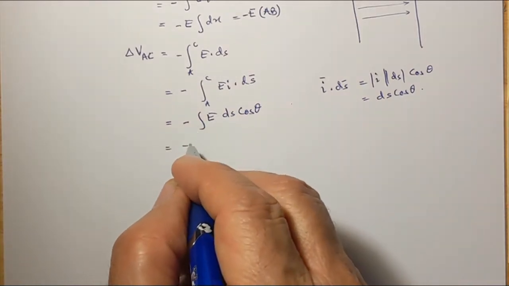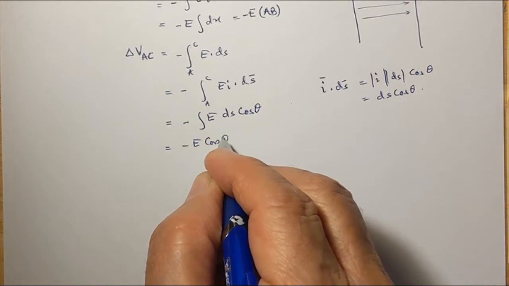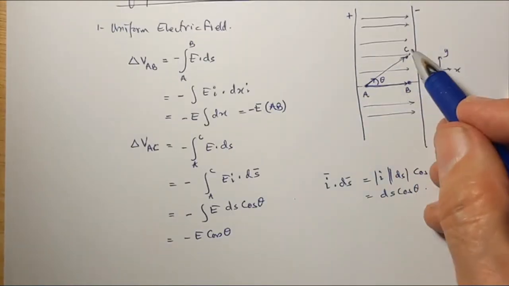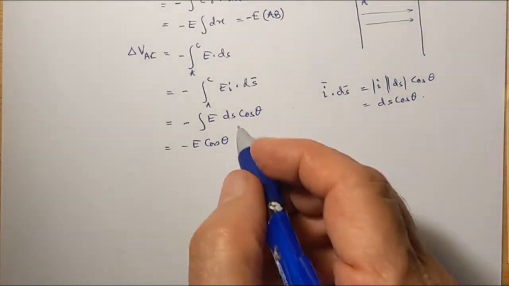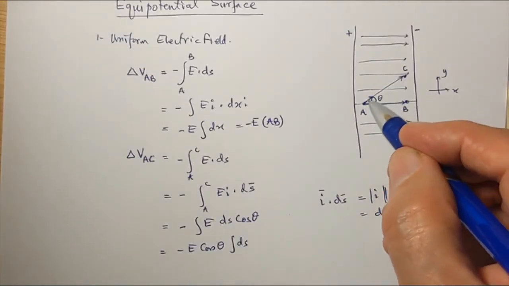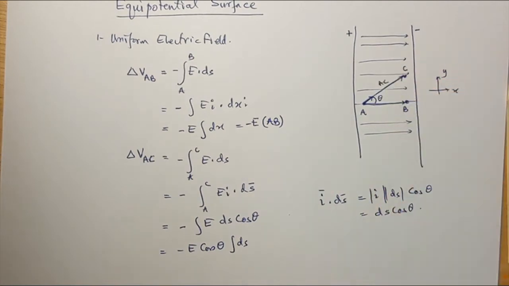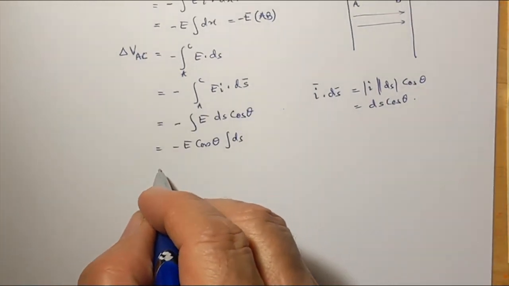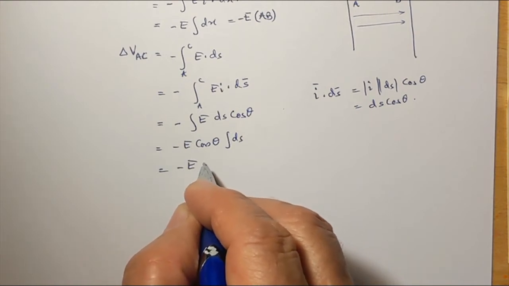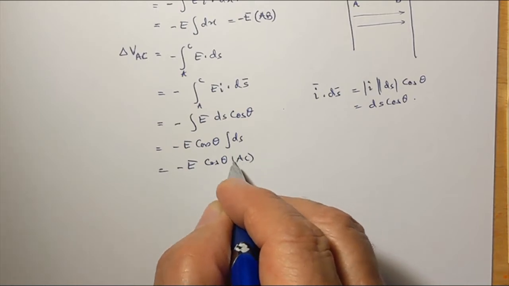Now E is constant, so that comes out. Cos theta is constant, that comes out if this is a straight line. And we're left with the integral of ds. So when you integrate from here to here, that's this length, and let's call this length AC. So this will become minus E cos theta AC.